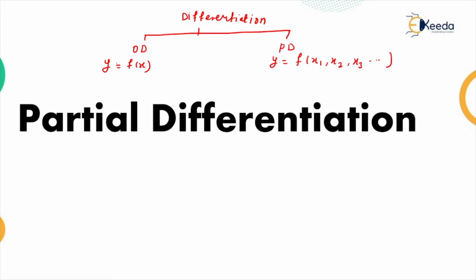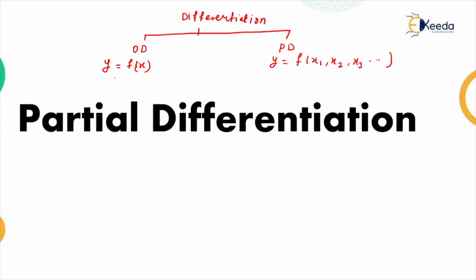When we differentiate the function y is equal to f of x, it contains only one independent variable. We observe that x is the independent variable and y is the dependent variable, meaning if we change the value of x, the value of y changes automatically.